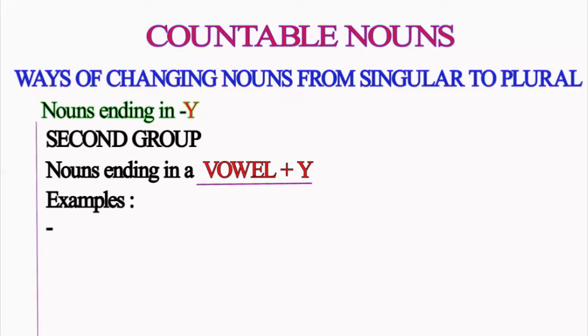In the second group, we are going to have nouns whose last letter is y, but before y there is a vowel. Let us have examples of these kinds of nouns.